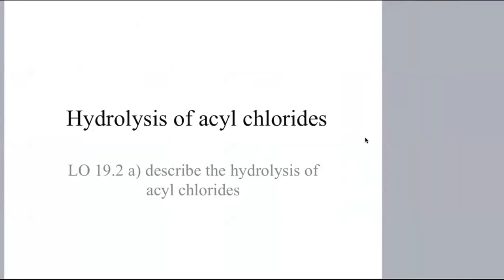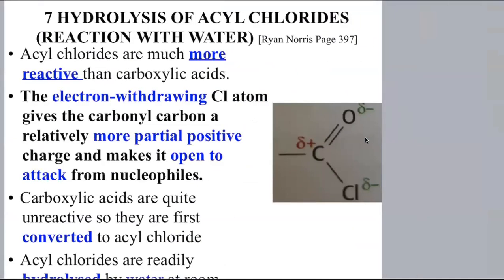On page 7, we will look at a specific reaction of an acyl chloride, which is called hydrolysis. Hydrolysis means water is involved to break a certain bond. Now, if you look at the structure of an acyl chloride, it is obviously quite similar to a carboxylic acid because that's where it is formed, but it also looks similar to a carbonyl compound.